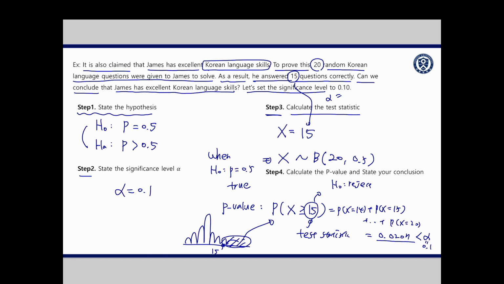Therefore, under the significance level alpha equals 0.1, we have sufficient evidence to conclude that James has excellent Korean language skill, as we reject the null hypothesis.